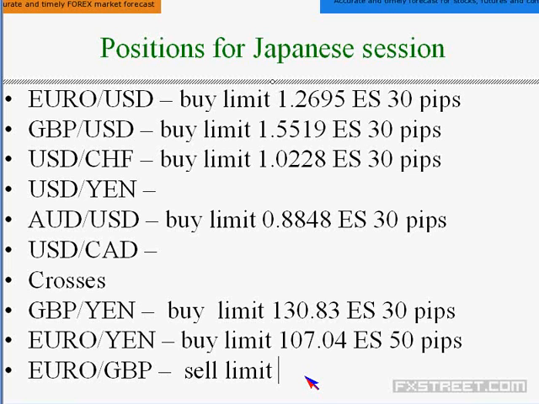So in a conservative way, I'll add 25 pips to the high and keep a sell limit. So that will be 0.8223 with an entry stop of 50 pips.